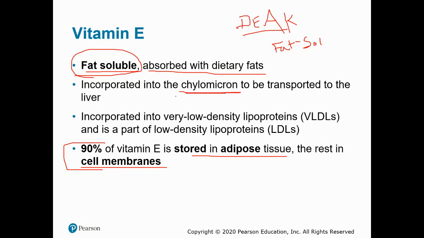So vitamin E would also get packaged into that chylomicron. And then as the chylomicron circulates and becomes a VLDL and then an LDL, a very low density lipoprotein and a low density lipoprotein, if we have enough vitamin E it will still be transported in these lipid transport molecules in the blood.